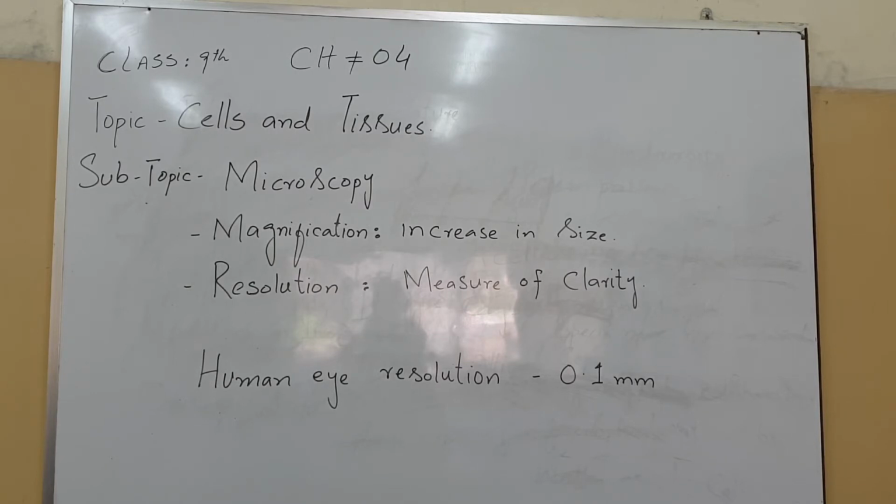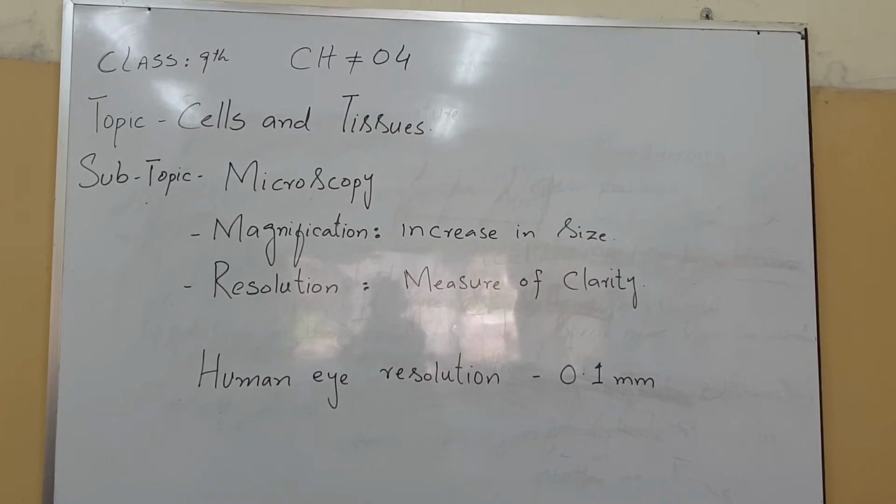For example, the human eye resolution is 0.1 millimeter. It means that if two objects are apart from each other and the distance between them is 0.1, the human eye can clearly see it.